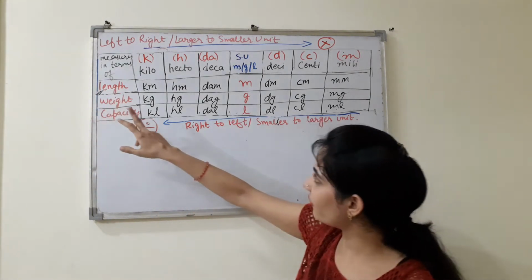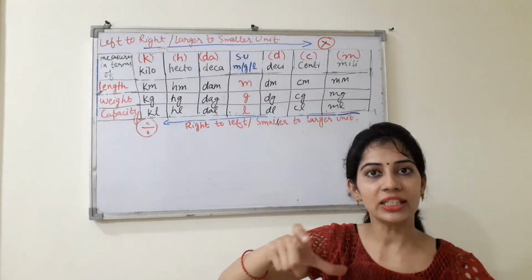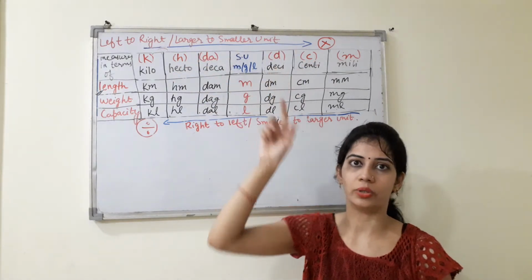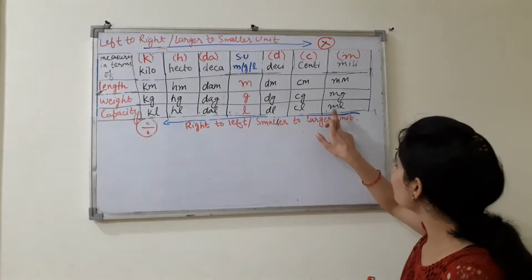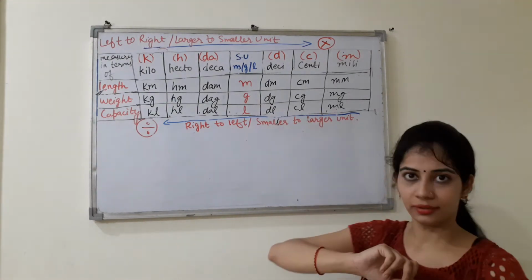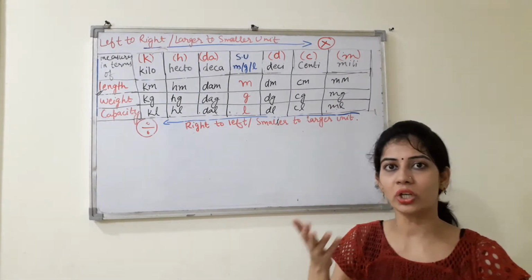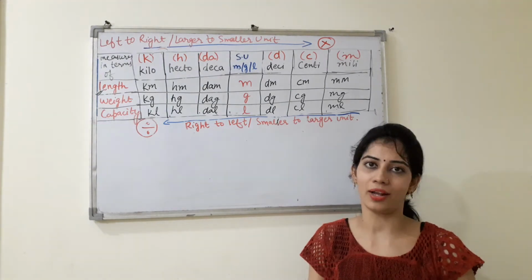So suppose if I want to convert kilometer into decameter, it is a question that converts larger unit into smaller unit, right? And now if we want to convert, suppose milliliter to liter or milliliter to hectoliter, this is a question related to converting smaller unit into larger unit, right?